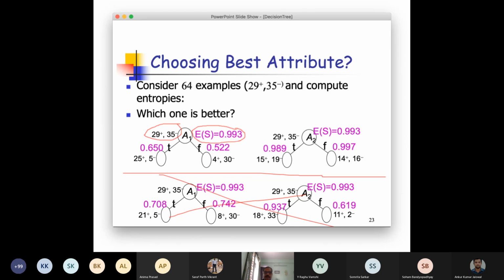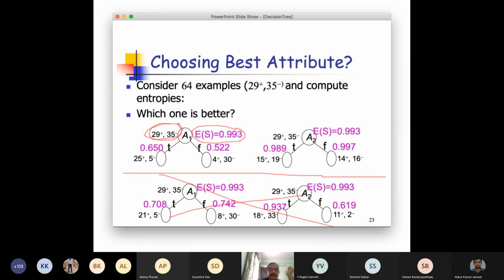Sir, how do you get this entropy? Sir, the weighted mean of those terminal nodes' entropy. No. My question is how this entropy becomes 0.993 for this distribution.